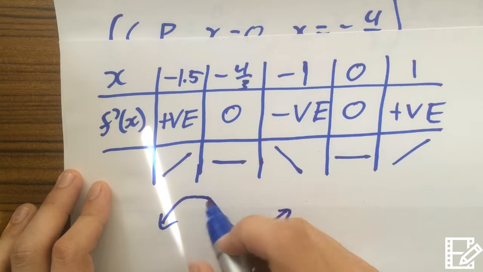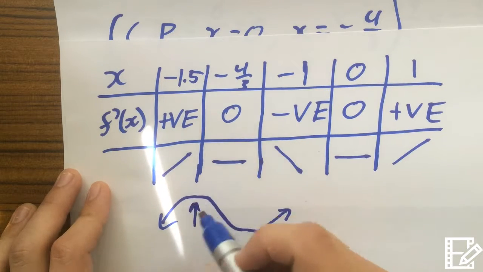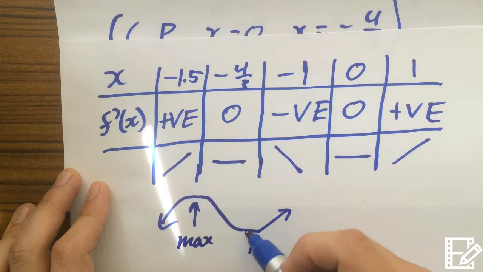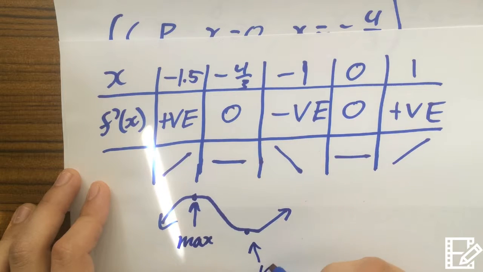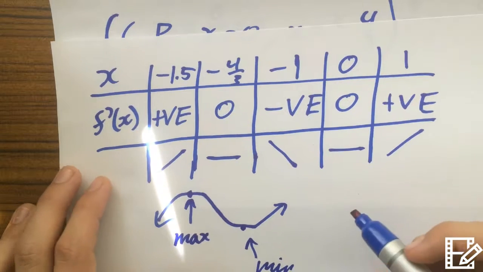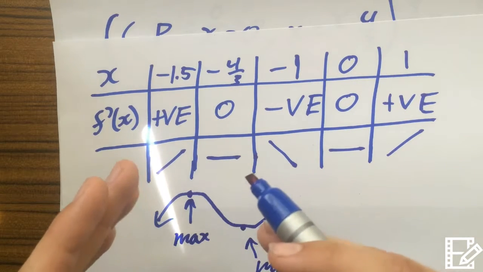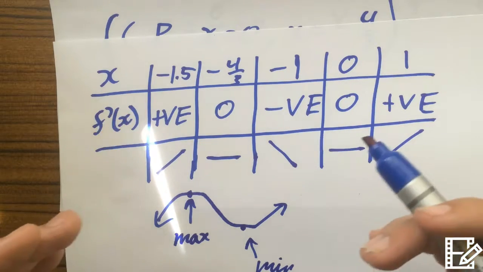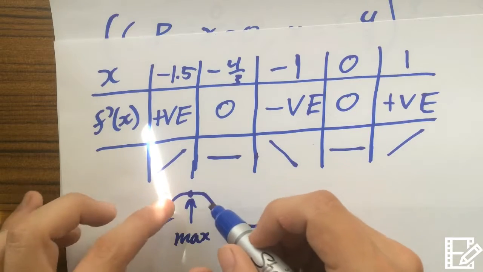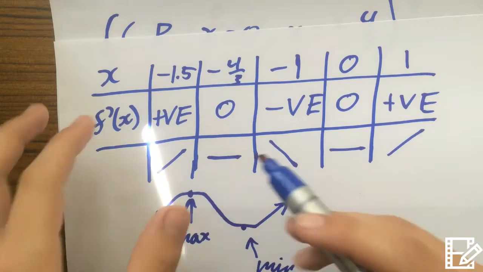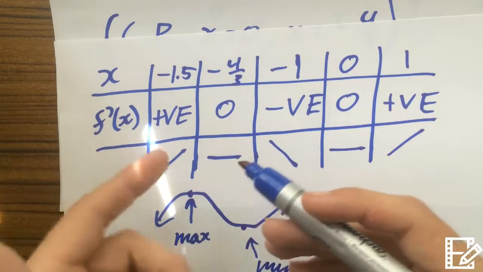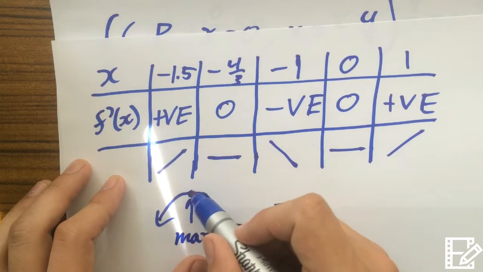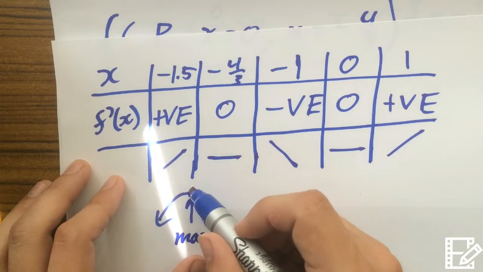So as you can see here, this is a max, and roughly at this point is a min. Because maximum means that the y values, or the f(x) values, are lesser on either side of this point, which means this is the highest point.